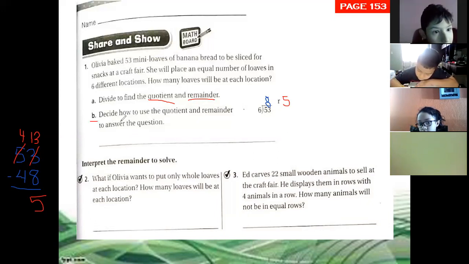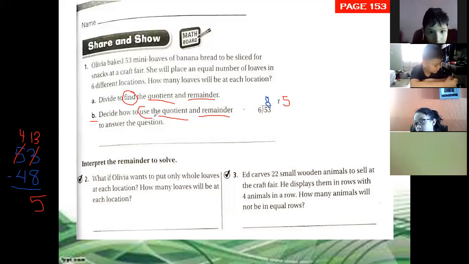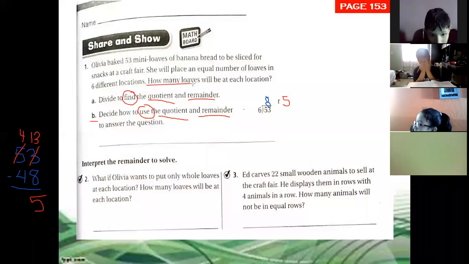Letter B, decide how to use the quotient and the remainder. In the first one, we found them. In the second one, we have to decide how to use the quotient and the remainder to answer the questions. So let's go back to the question. How many loaves will be at each location?